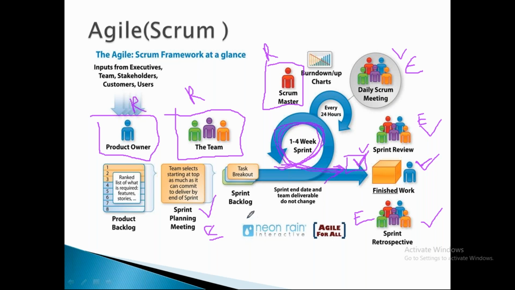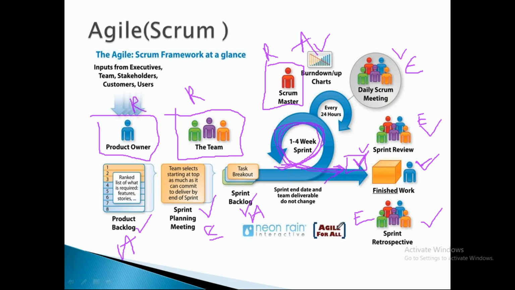And Scrum artifacts: product backlog, sprint backlog, and then burn down charts are the Scrum artifacts. Have we covered everything?